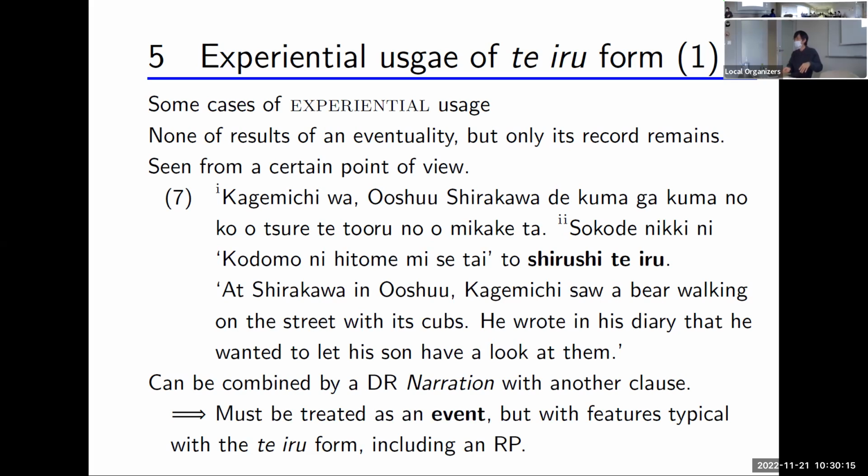In that case, 記していた is okay, but I think it is seen from a certain point of view, which is located in the past. At some point in the past, that action of writing a diary has been finished, and the result remains. Somebody sees the diary and says, okay, this guy has done such a thing.